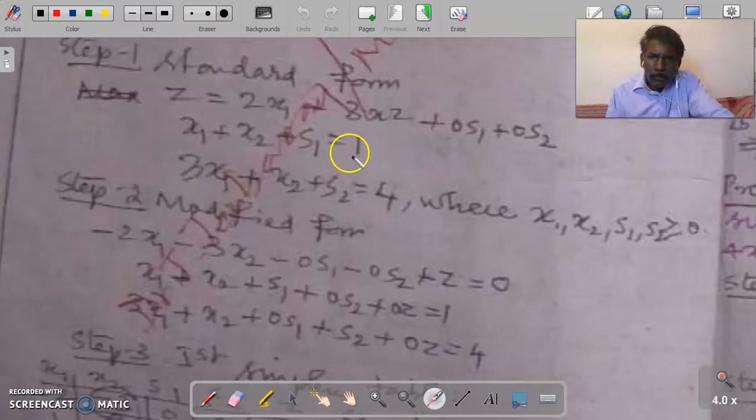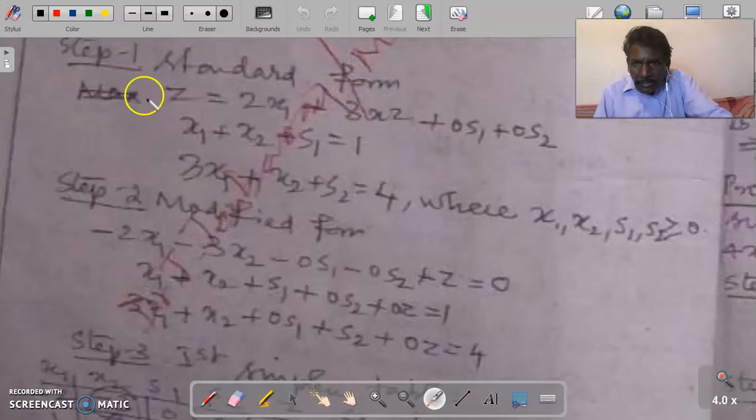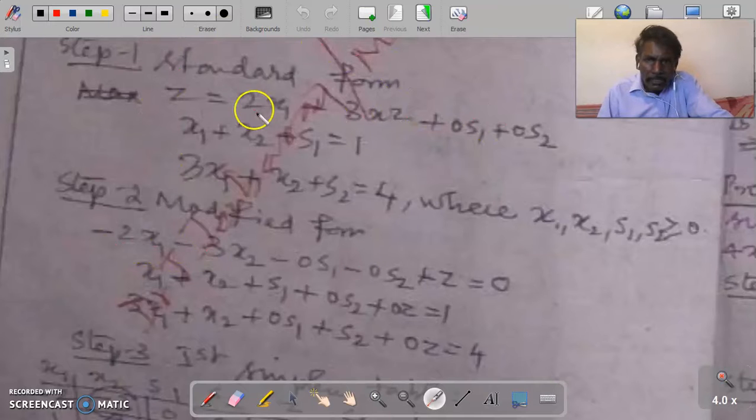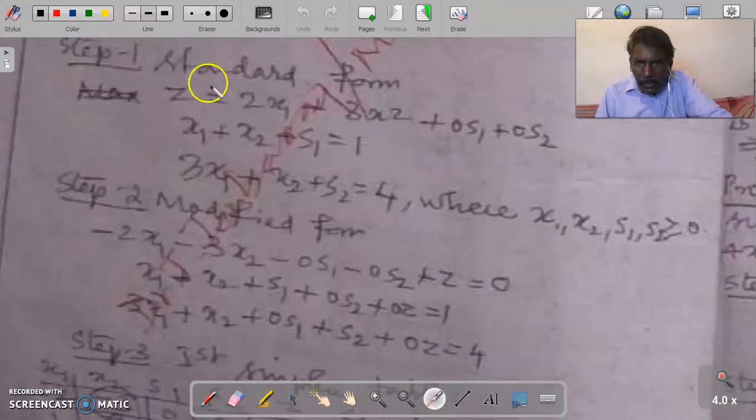We are bringing all these variables to this side. What you will have is this: minus 2x1, 3x2, minus 0s1, and minus 0s2, that is already there.